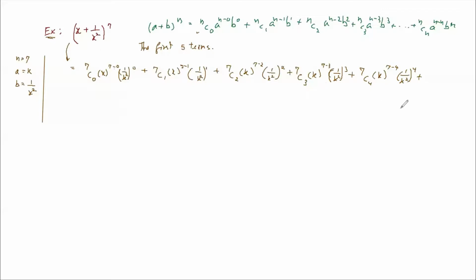Okay. Then when you have 5 terms, it's enough. You just write plus dot dot dot. The rest you don't need to do. Now we do the rest. Then you just simplify. Okay. So then we do it.